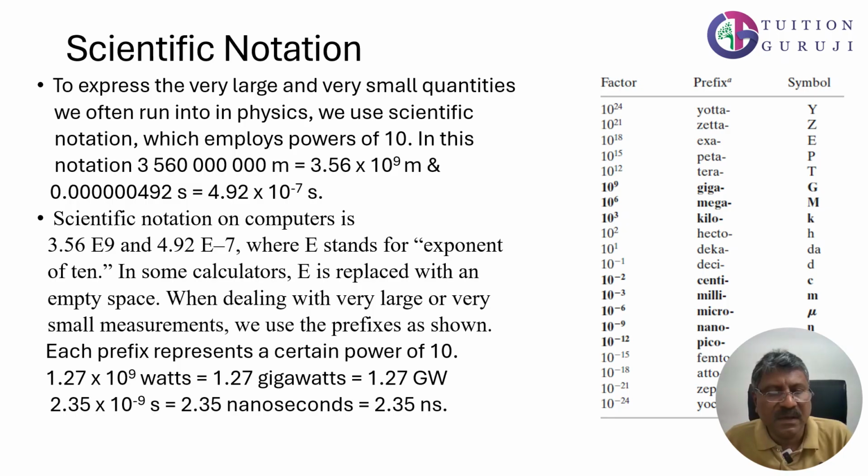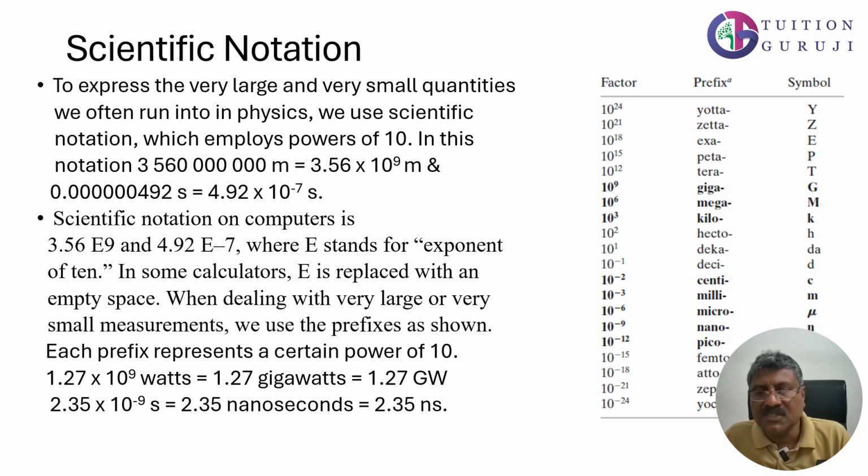When dealing with very large or very small measurements, we use prefixes as shown here. 10^1 is deca, 10^2 is hecto, 10^3 is kilo, 10^6 is mega, 10^9 is giga, 10^12 is tera, 10^15 is peta, 10^18 is exa, 10^21 is zetta, 10^24 is yotta.